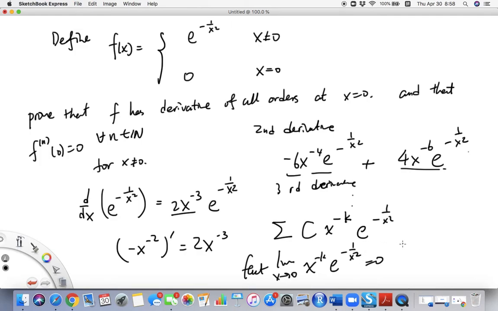You can show this by doing L'Hopital's rule many times. I'm going to skip the details. So if you take the limit as x goes to 0, the limit of the derivative goes to 0. So in fact, the derivative is 0 at 0. Okay. All right.